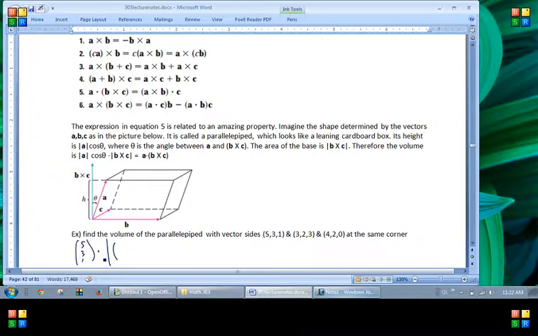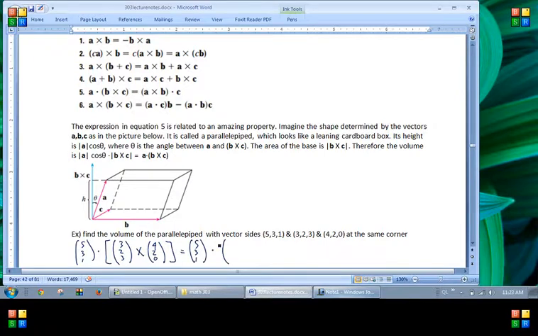I need 3, 2, 3 cross 4, 2, 0. Okay. So now we have to find the cross product.